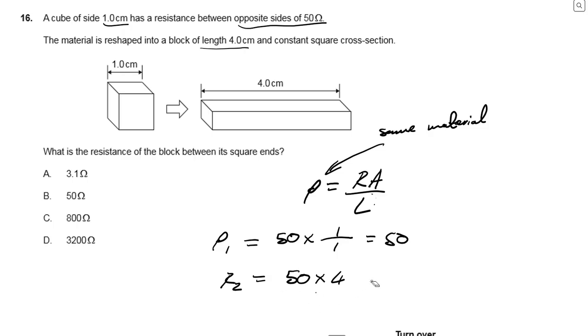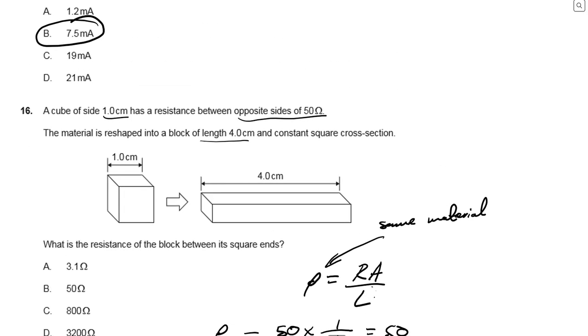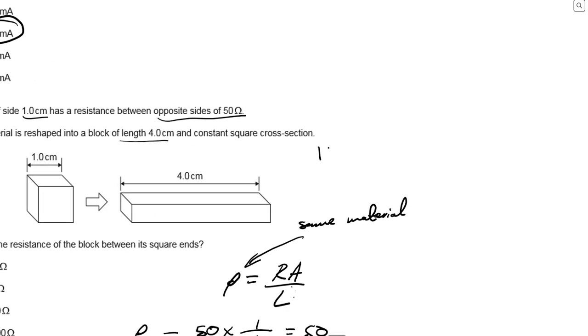Oh, but it's saying constant cross-section, but that doesn't mean it's the same as this, right? It can't be the same because it's the same amount of material. So what we actually have to do is find the volume, right? Our volumes should be equal, so the volume of the first should be equal to the volume of our second one. And what are our volumes?